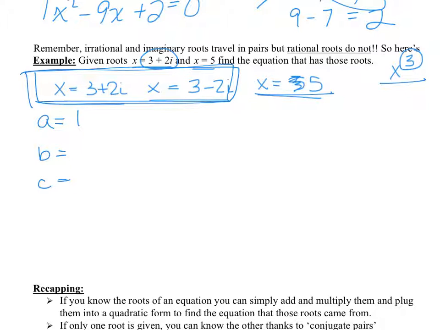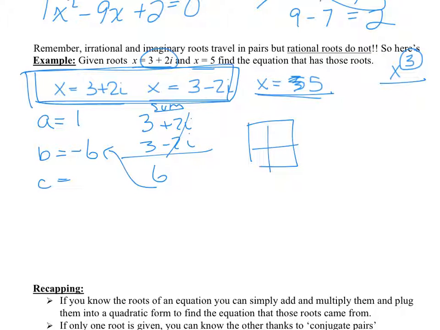So a, remember, is 1. B: if I add these two together, so this is the sum of the roots, 3 plus 2i and 3 minus 2i, I get 6. So when I put it in for b, the sign changes. And then when I multiply, you could do this in your calculator, especially with i's. Actually, you can do this in your calculator regardless, because the irrational parts always go away.